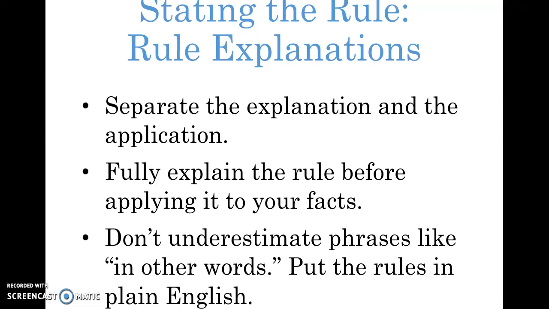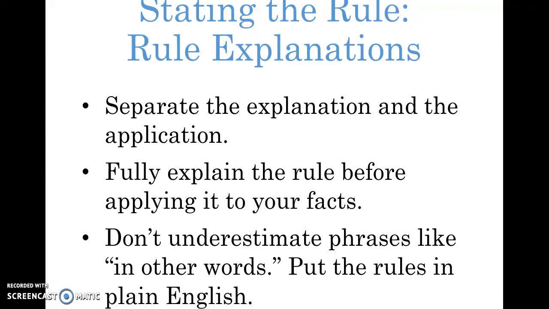The words that come out of your mouth would be relatively straightforward because we're just having a conversation. And you can use the same conversational tone to describe rules in your writing. So even if you're going to quote a court because you want some quoted authority in there, I always recommend following up the quote with an in other words statement to flesh out what that rule means in plain English.